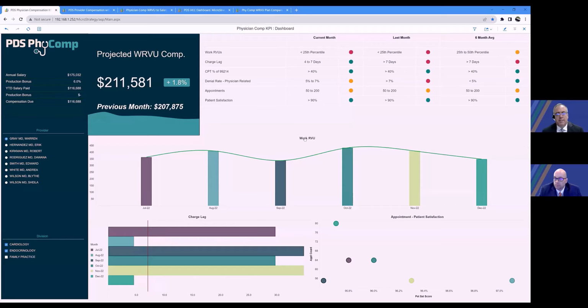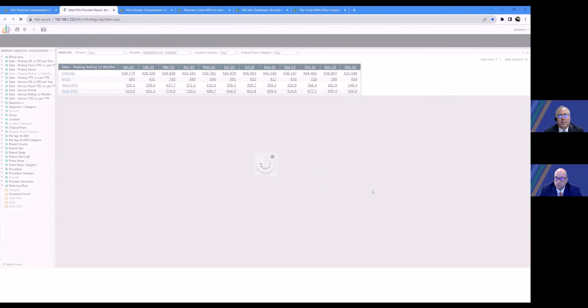Yeah, and as you mentioned, Scott, if we want to allow users, whether it's management or physicians, to dig deeper, because we've structured our data appropriately, we can provide that drill through capability.